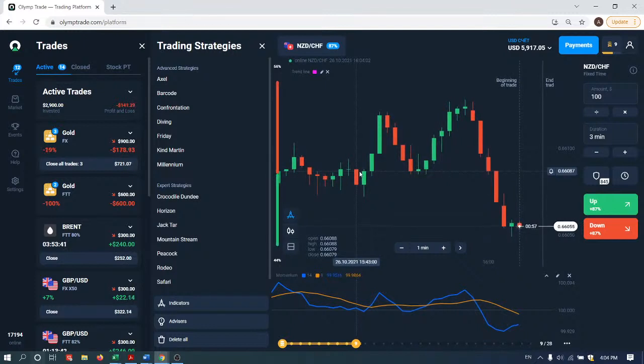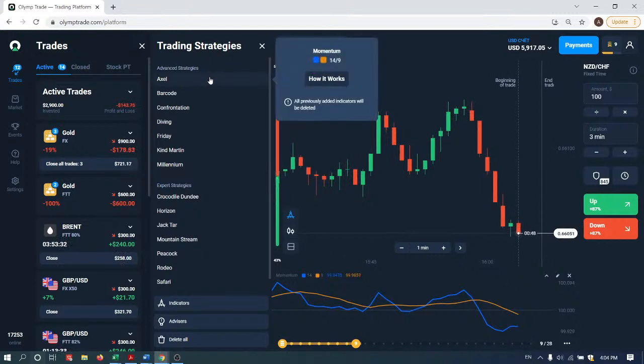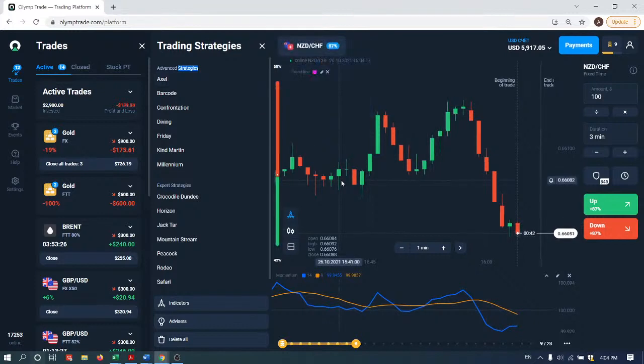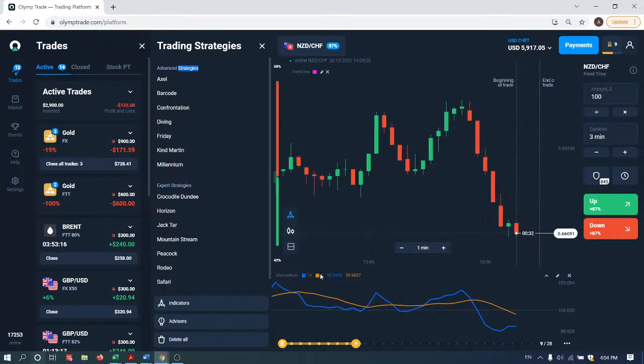But today I wanna do something very, very simple, and today's strategy is going to be the Excel strategy. So it belongs to the advanced strategies group. It only has one indicator in it, and all the setups are based on the 14 momentum indicator, so the momentum indicator with a period of 14 and also 9.